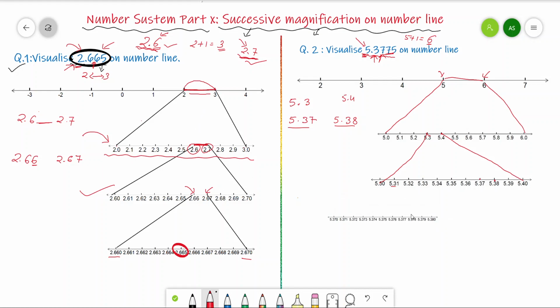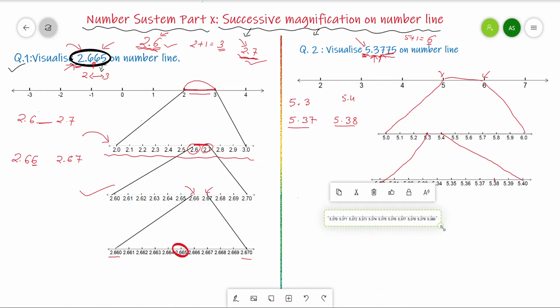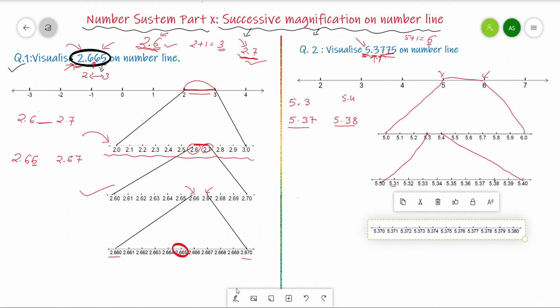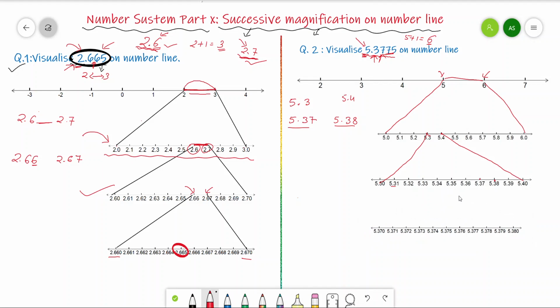And then it will look like this. So now 5.37 and then 5.38 has been magnified.